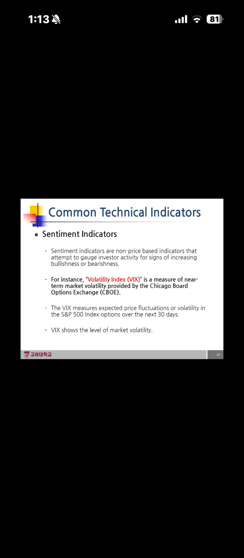And not all technical indicators are based directly on price movements. Some indicators try to measure investor sentiment, which refers to the overall attitude of investors toward the market. These are known as sentiment indicators.